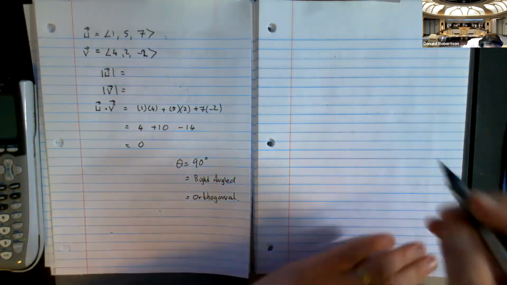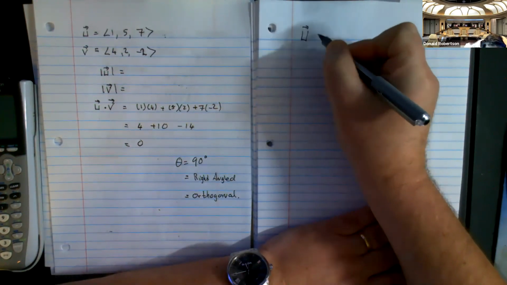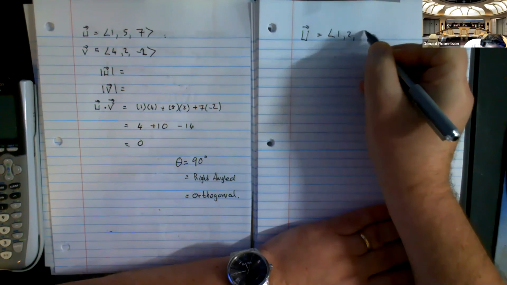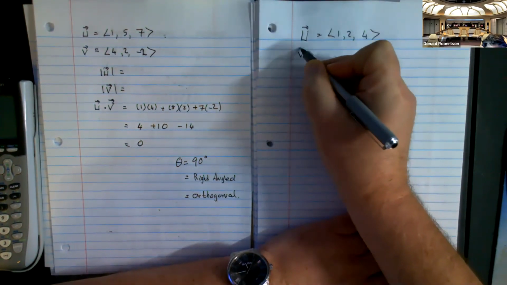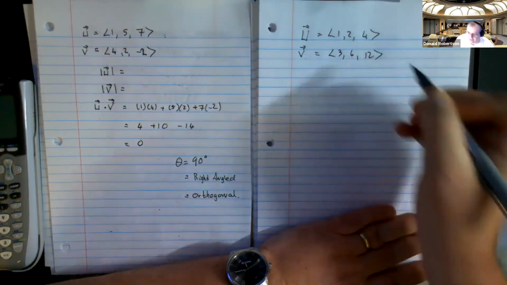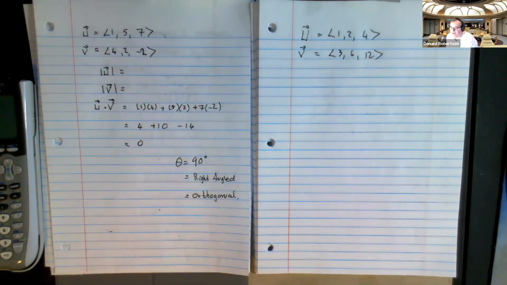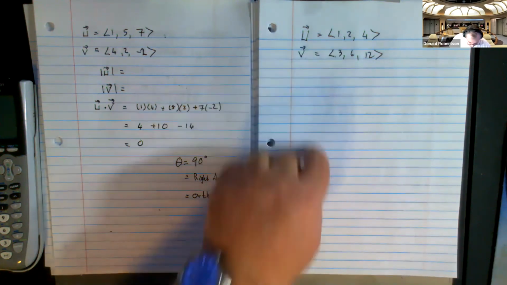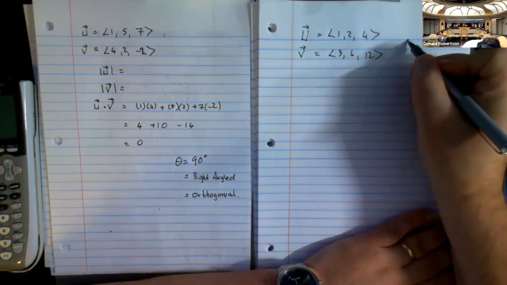Here's another one. This is a special case as well. Do you notice that these two vectors are multiples of each other? Isn't the second one just 3 times the first one? Now, before we do the working here, let's see what that's going to look like.